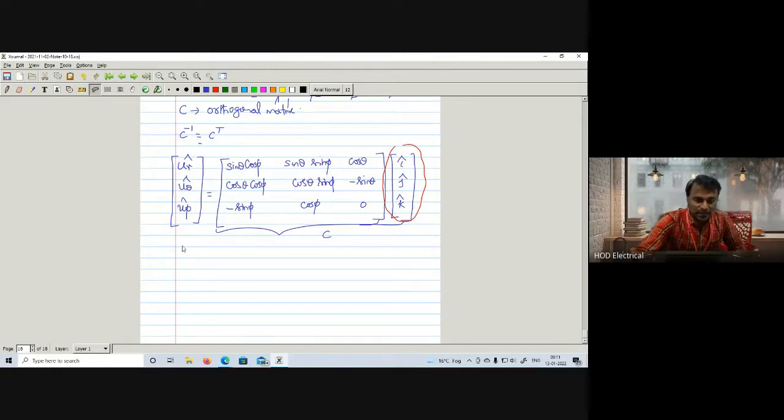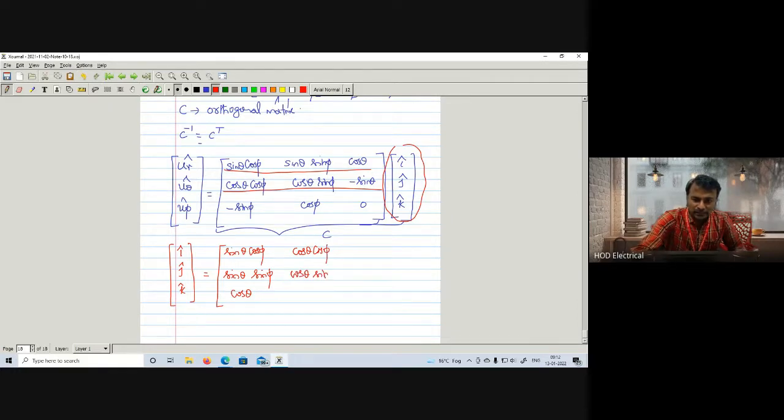So we can write i hat, j hat, k hat as, since C inverse equals C transpose, sin theta cos phi, then I am writing all the rows as columns: sin theta sin phi and cos theta. Then the next row as a column: cos theta cos phi, cos theta sin phi and minus sin theta.